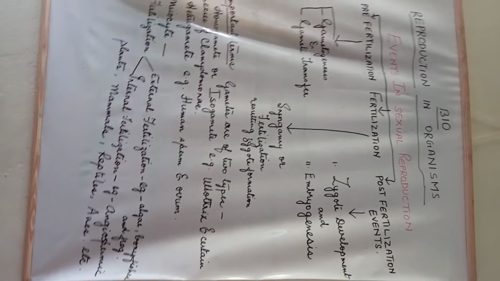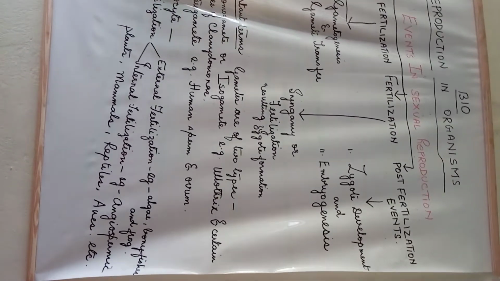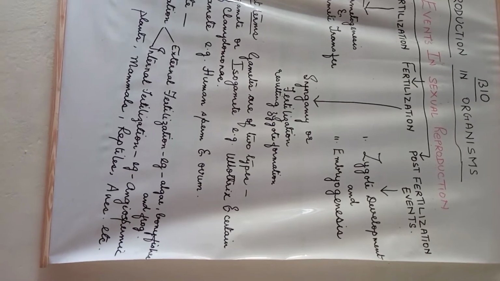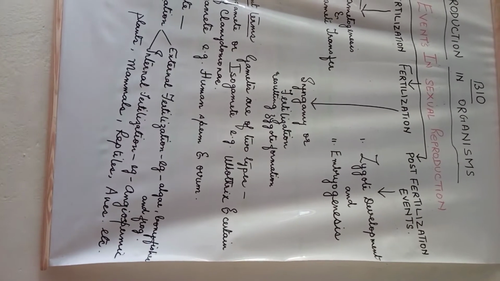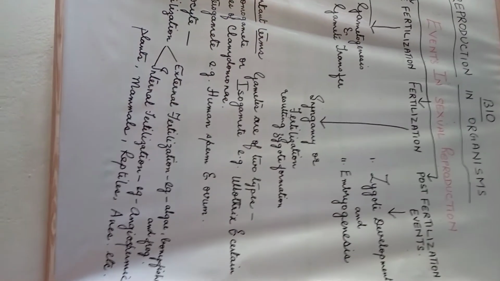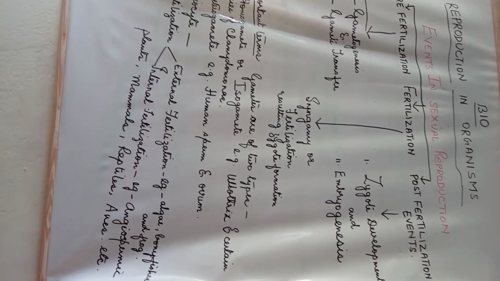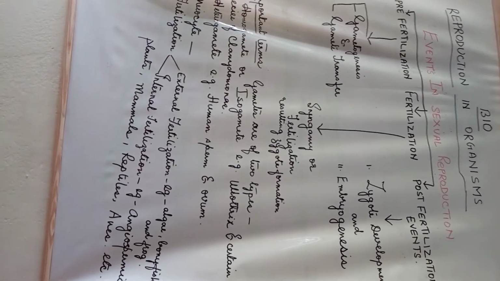Children, embryogenesis involves cell division to increase the number of cells, then cell enlargement or growth to increase the volume and the weight of the organism, and cell differentiation by which groups of cells form different tissues.